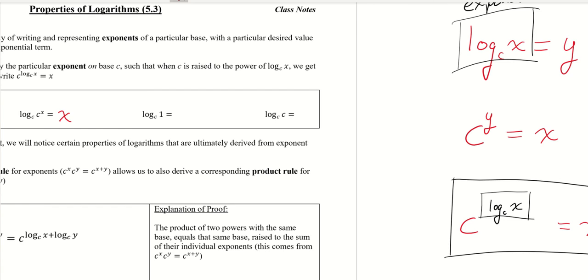Now let's look at these two, what I've claimed to be easier to understand. We can say c raised to some power equals 1. Well, c raised to what exponent would be 1? Well, c to the power of 0 would be equal to 1. Let's check and see if this makes sense. C raised to the power 0, is that equal to 1?